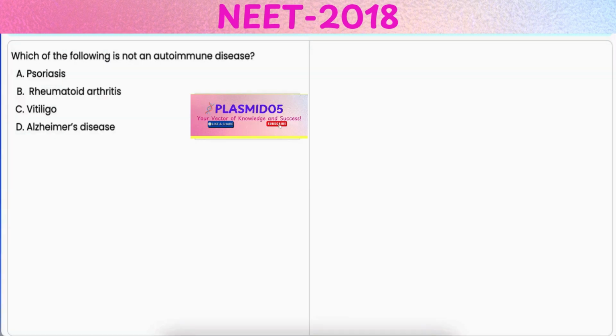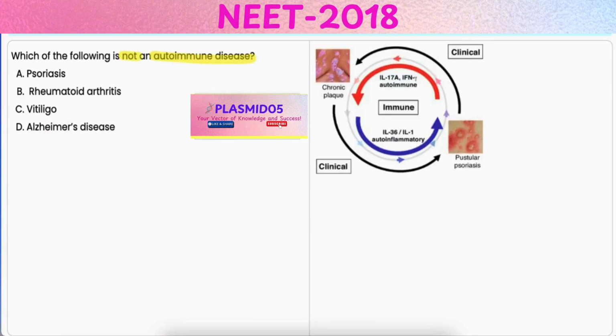In this question, you have to identify which is not an autoimmune disease. Option A, psoriasis. It is incorrect because psoriasis is an autoimmune disease where the immune system attacks the skin cells, leading to scaly patches.